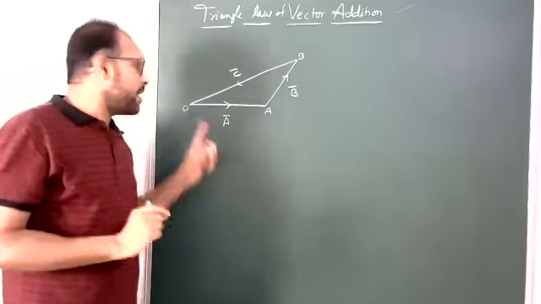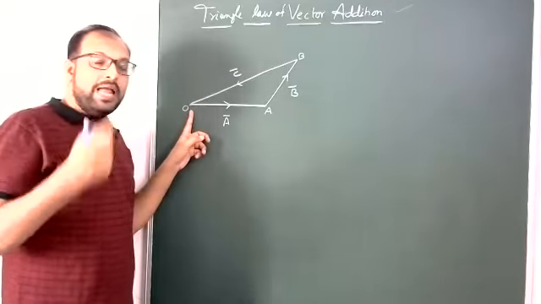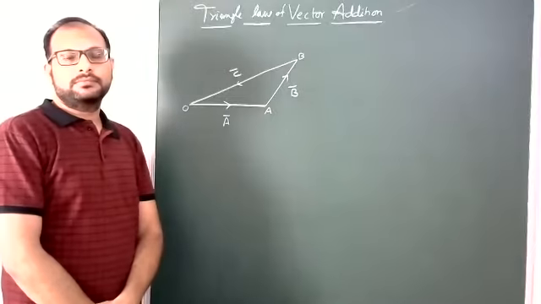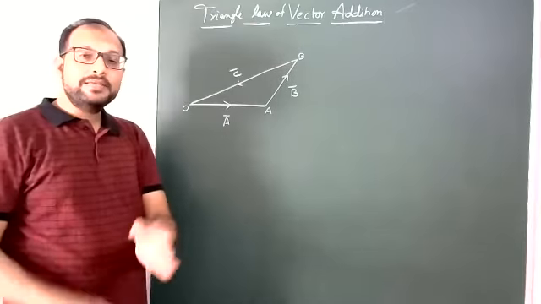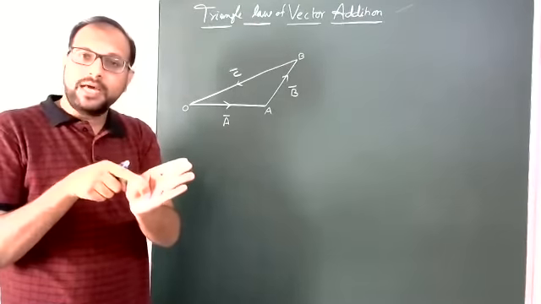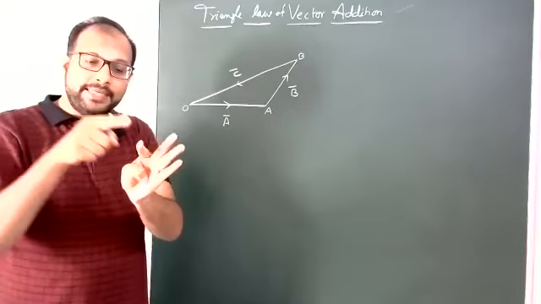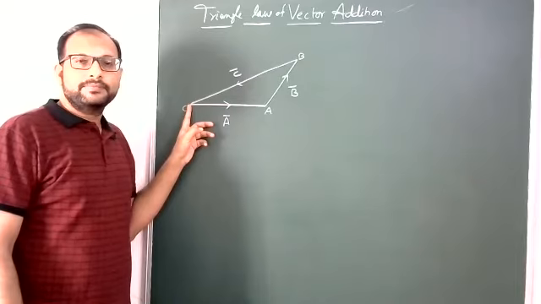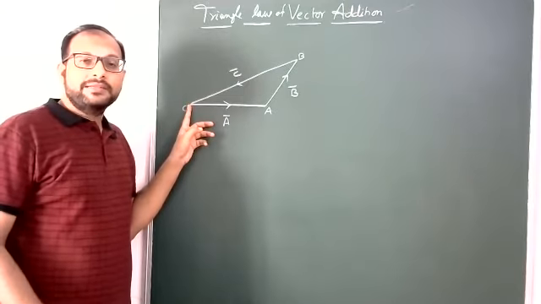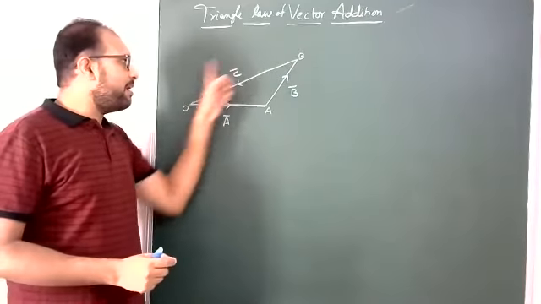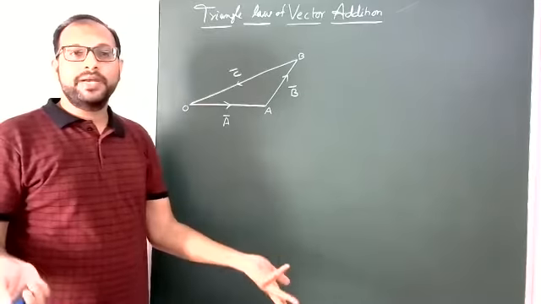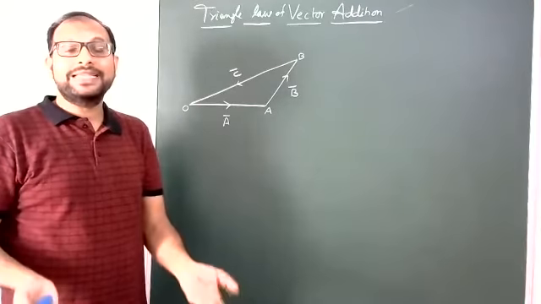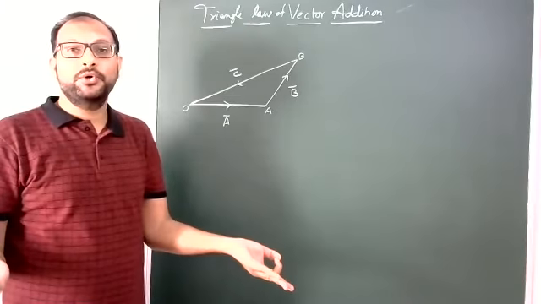The starting point of the first vector is O, and the ending point of the last vector, C bar, is also O. That means the starting point of the first vector and the ending point of the last vector both coincide. So the resultant of all these vectors is zero, because same point to same point, no distance. This is nothing but a null vector, zero vector.